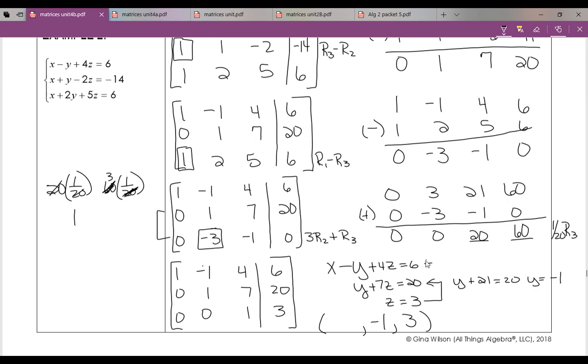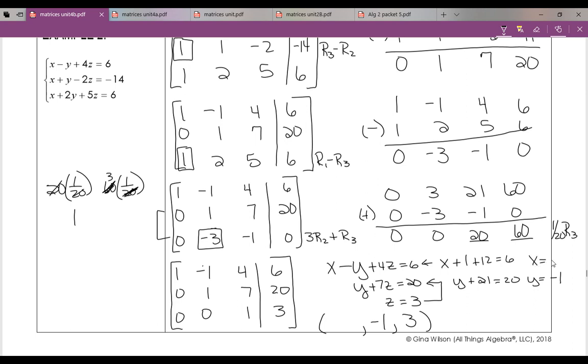And then I'm going to come into the top equation and plug those two numbers in for y and z and figure out what x is. So x plus 1, -1 is plus 1, plus 12 equals 6.